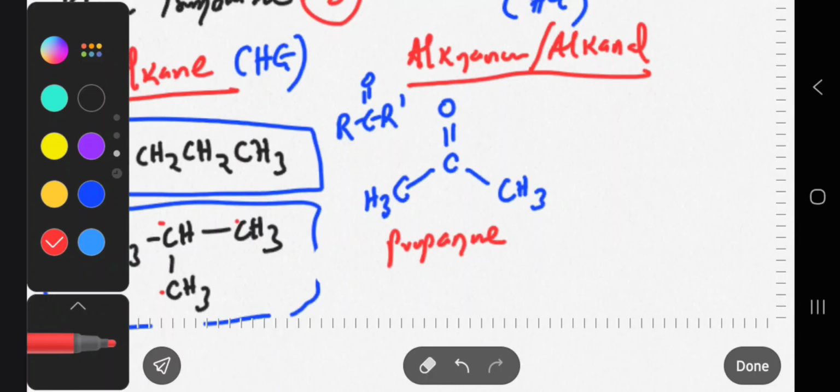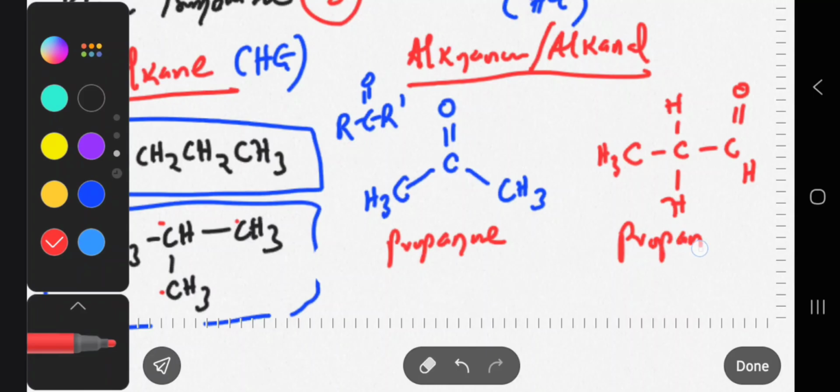Now let's find its isomer, which could be an alkanal. Let's expand this and make it like this: H3C, CH2, then C double bond O and H. So this is propanal.